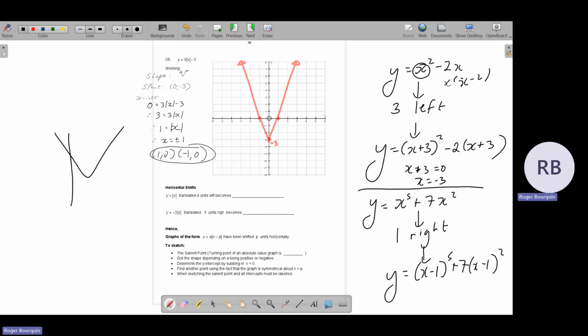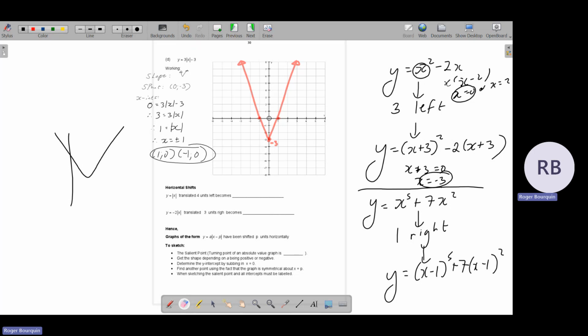So x would be 0 or x minus 2 would be 0, so you get intercepts of 0 and 2. But here, if you replace, instead of getting x is equal to 0, you're going to end up with x plus 3 is equal to 0, which means x is equal to minus 3 would be the intercept. So it was 0, now it's become minus 3. So to get it to go to the left, we turn every x into x plus 3.